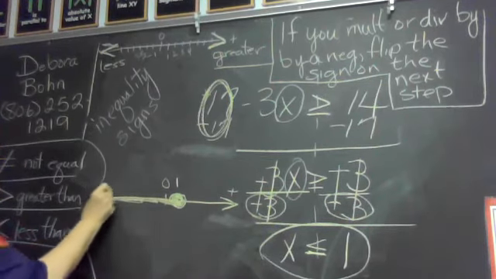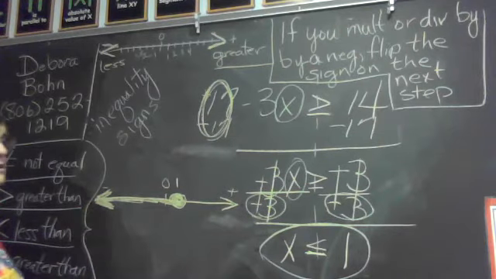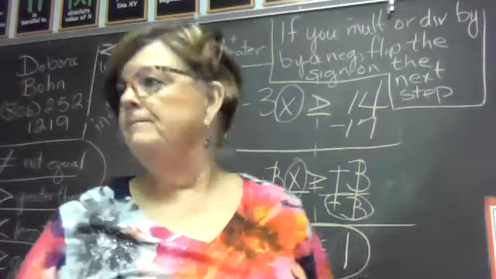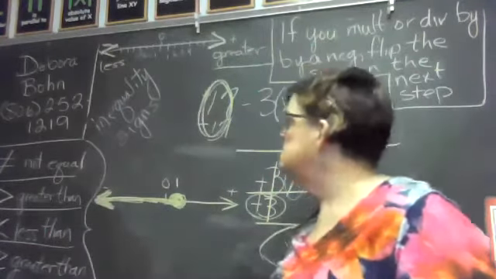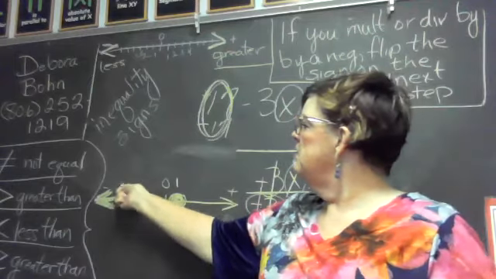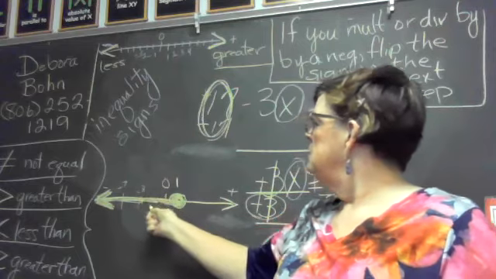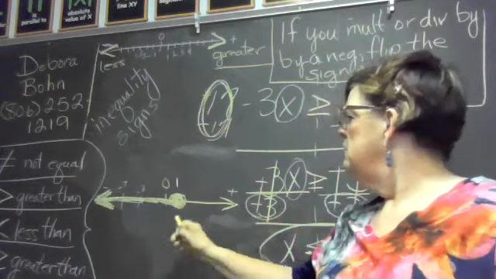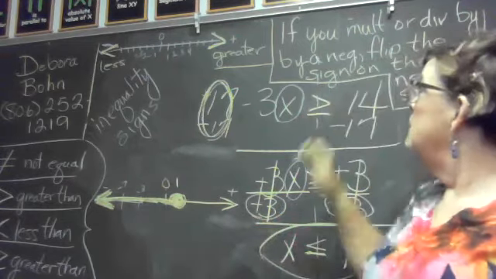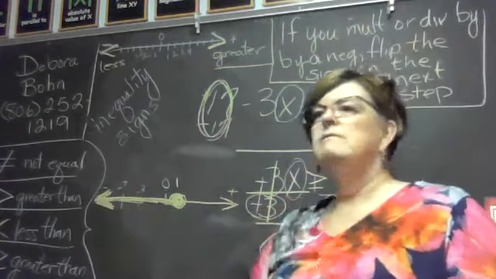And the reason I color this in is because it just keeps on going. That means that any number in here, maybe this is -7, maybe this is -2, even 0, that x in this problem can be any of those numbers.